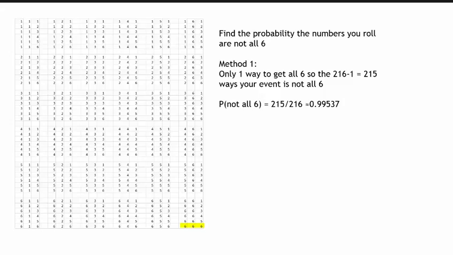So pretty likely, 0.99537. Method 2 is trying to not have to use the sample space, seeing if we can think it through. The probability of not all 6, we can't just multiply to figure that out. But we understand that the probability of not all 6 is 1 minus the probability that they are all 6, because there's only one way that they can all be 6.